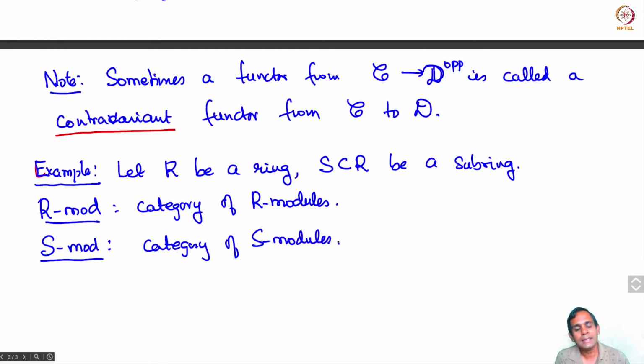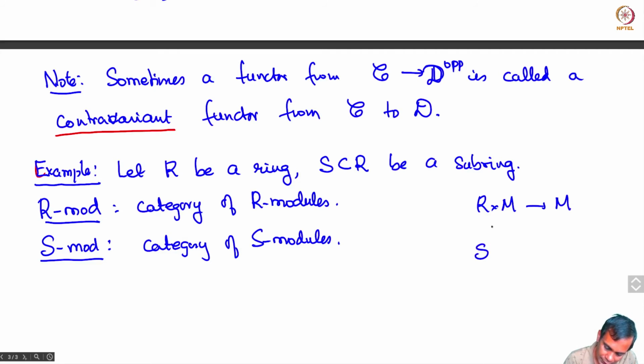Now the thing is, an R module can be thought of as an S module because S is a subring of R. You can just take the operation from R cross M to M, which defines the R module structure on M, and then you restrict it.